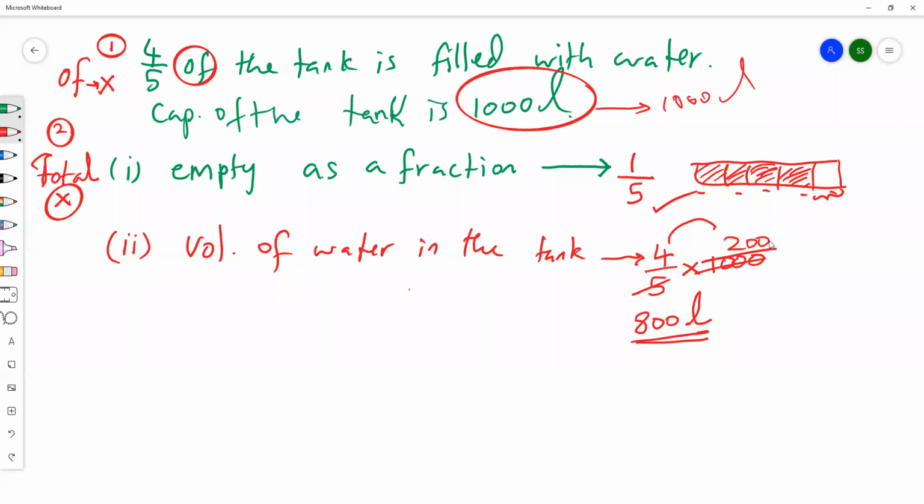Total is missing, you can't use the multiplication symbol. If 1000 is not given, can you put multiplication here? Can't. Then how to do? We will study part by part. If the total is missing, how to find the total? We will study later on.